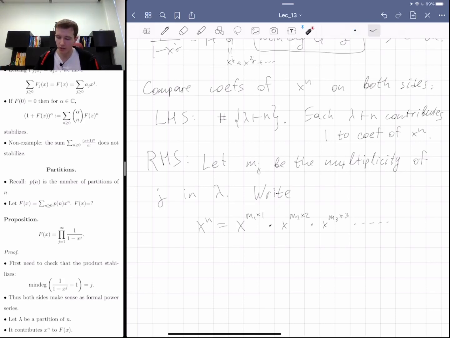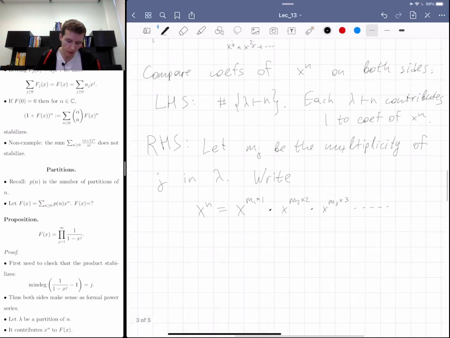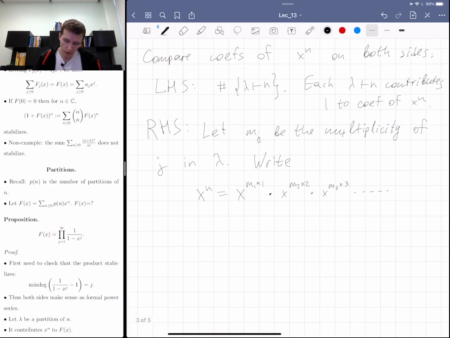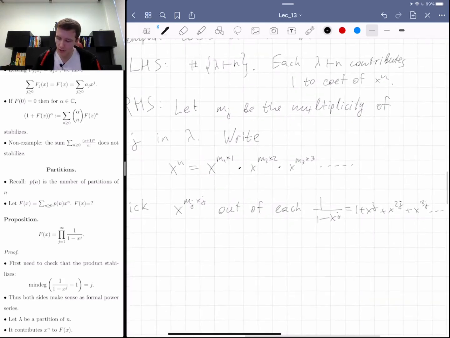And only finitely many terms are not going to be equal to 1. And now the result basically follows. Because in the infinite product, you pick x to the m_j times j out of each term 1 over 1 minus x to the j, which is 1 plus x to the j plus x to the 2j plus x to the 3j, etc. So each individual term looks like this.